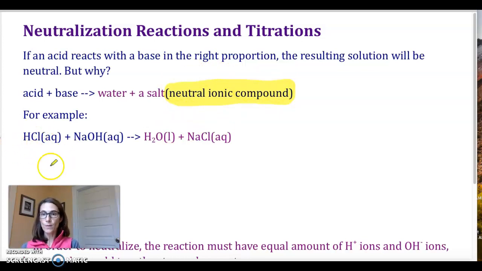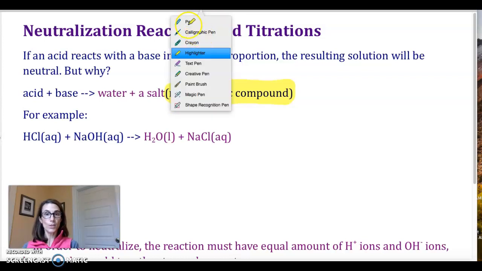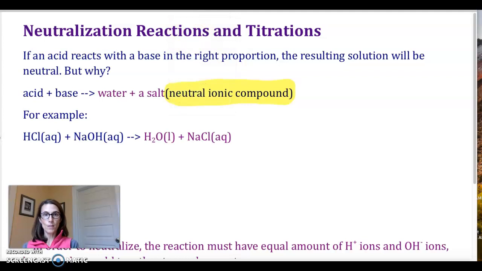So an example of this would be if HCl reacts with NaOH, and this equation is balanced. So these are reacting in a 1-to-1 ratio. What's produced is H2O, which is a liquid, plus NaCl. If you remember back to sophomore year chemistry, this is a specific type of double replacement reaction.